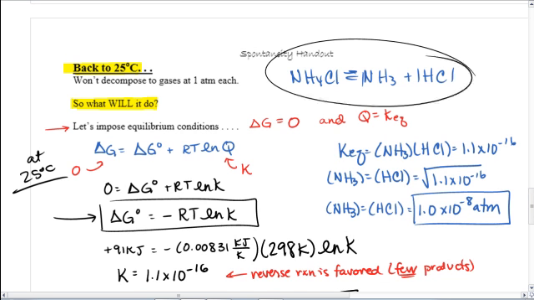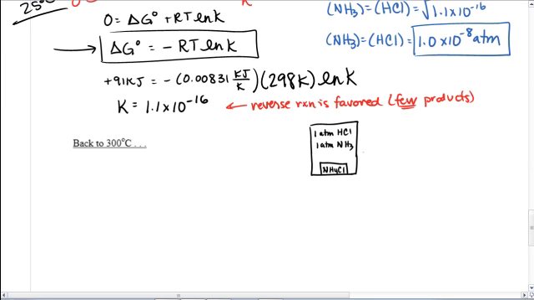So it's going to start using up the ammonia and the HCl. Well, at equilibrium, what is going to literally be left in the container?